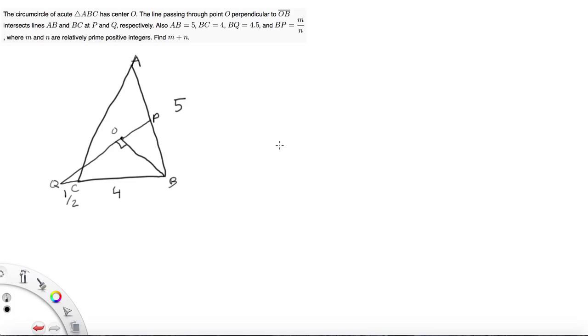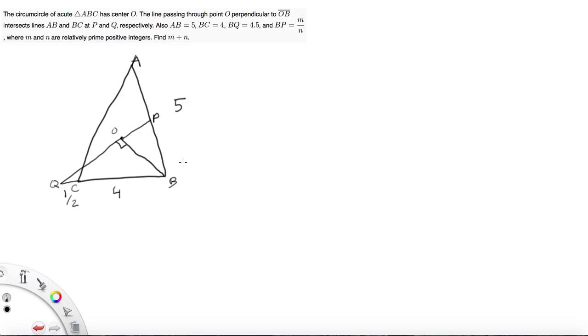But one thing we haven't really used yet is the fact that O is a circumcenter. That means it's a special point in the triangle: O is the center of the circle circumscribed about the triangle, and it is formed by the intersection of the perpendicular bisectors of the 3 sides.